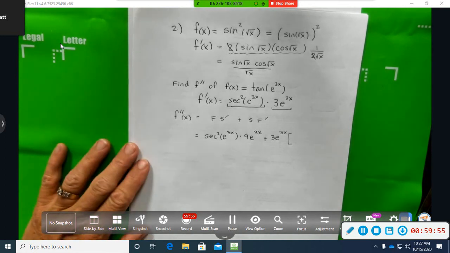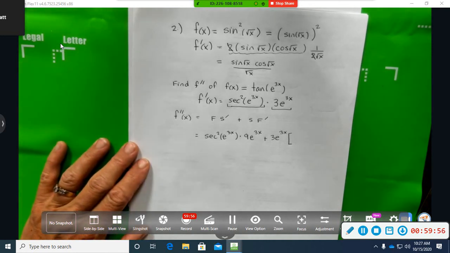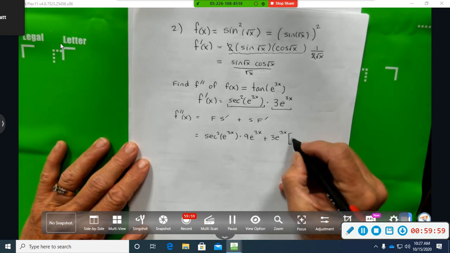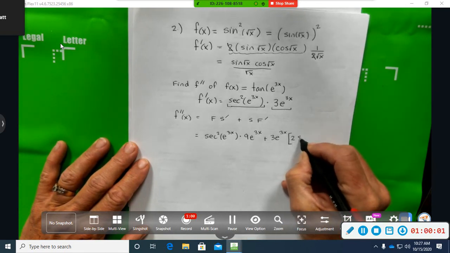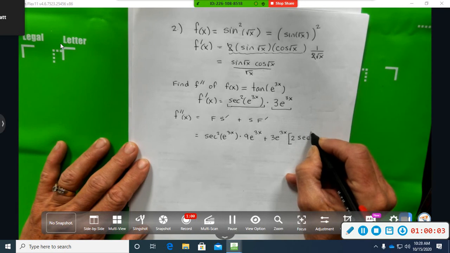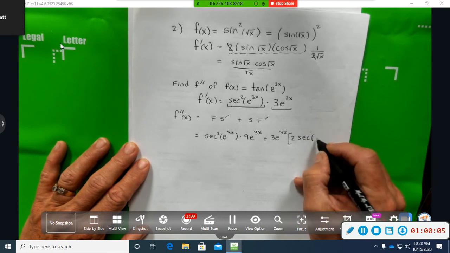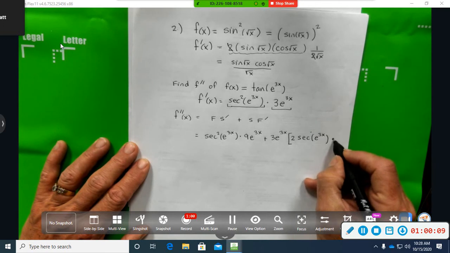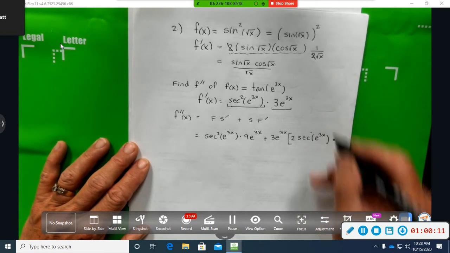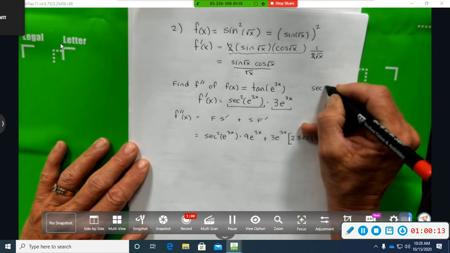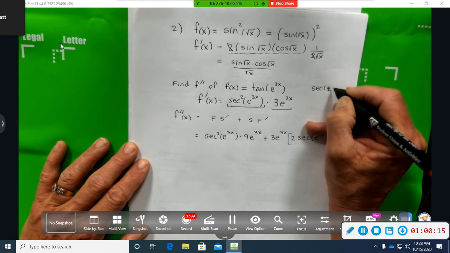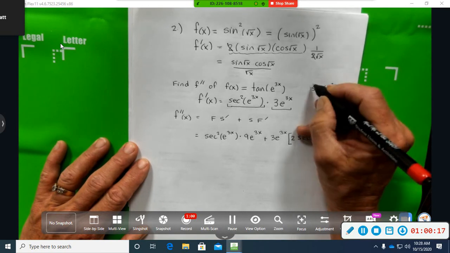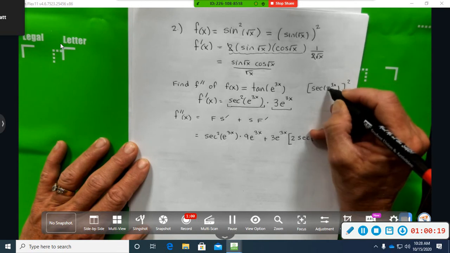So, will I be able to fit it in here? I doubt it. We'll bring the power down, raise it to 1 power less, and then multiply by the derivative of what's inside. So I'm thinking of that as the secant of 3 e to the 3x quantity squared.